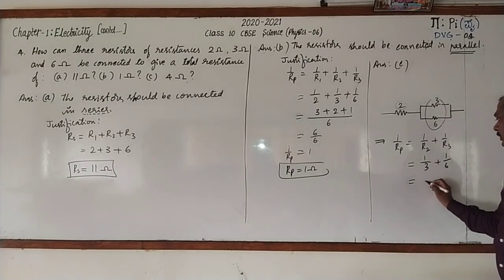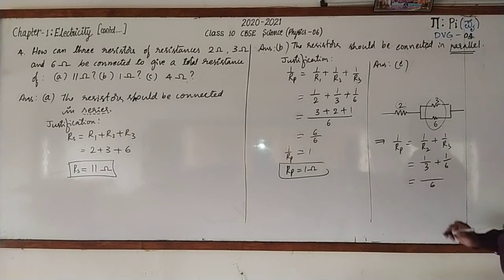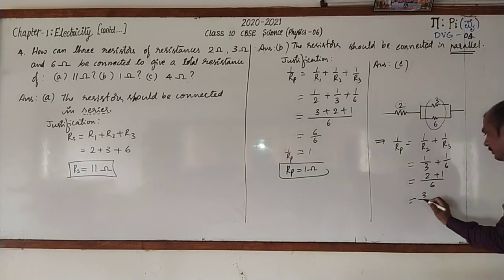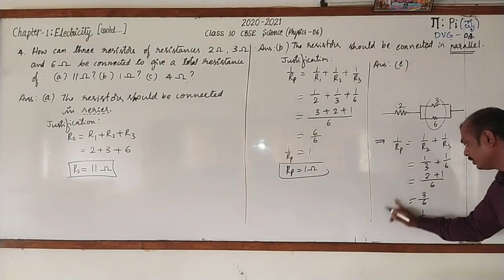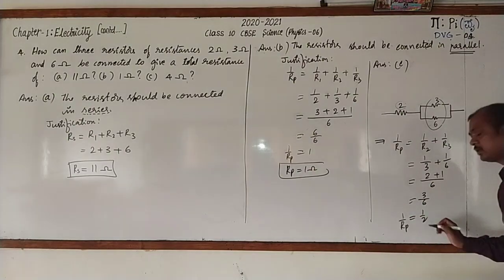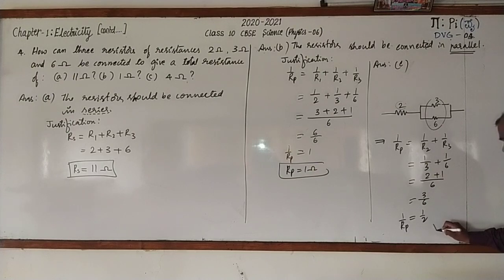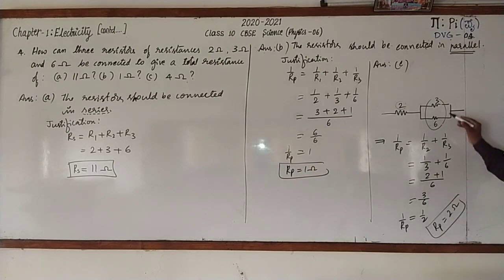It is equal to, LCM is 6. Multiply 3 2s are 6. Multiply 1s are 6. You will get 3 by 6. And it is 1 by 2. 1 by Rp is equal to 1 by 2. Then Rp is equal to 2 ohm, right? So this whole value, it is 2 ohm.